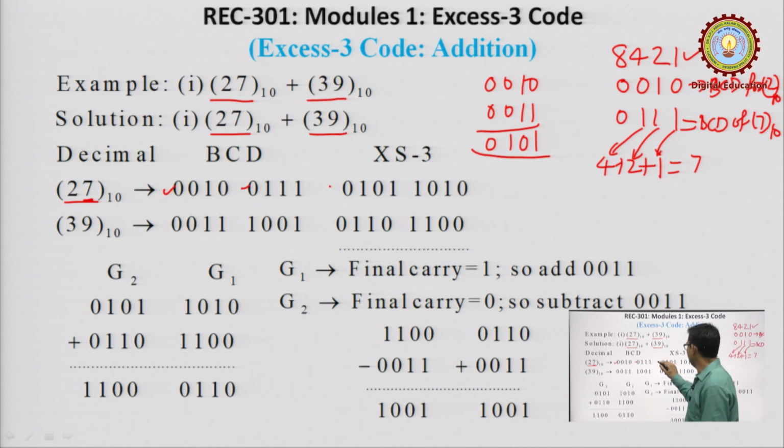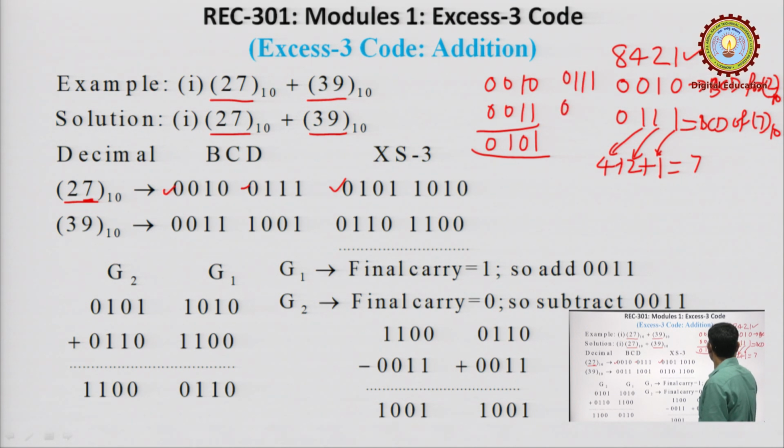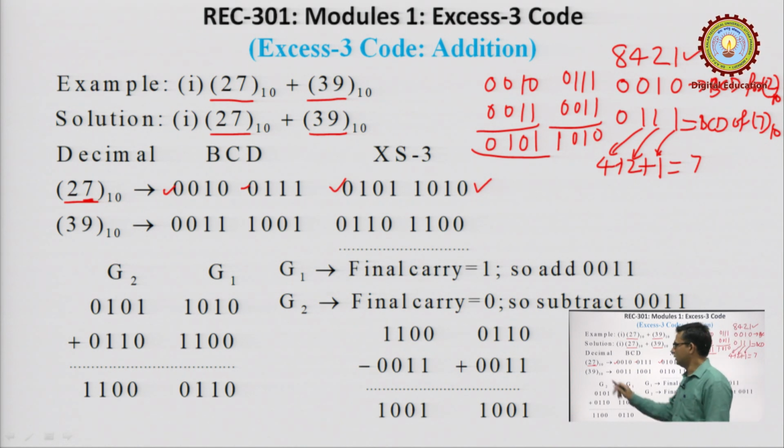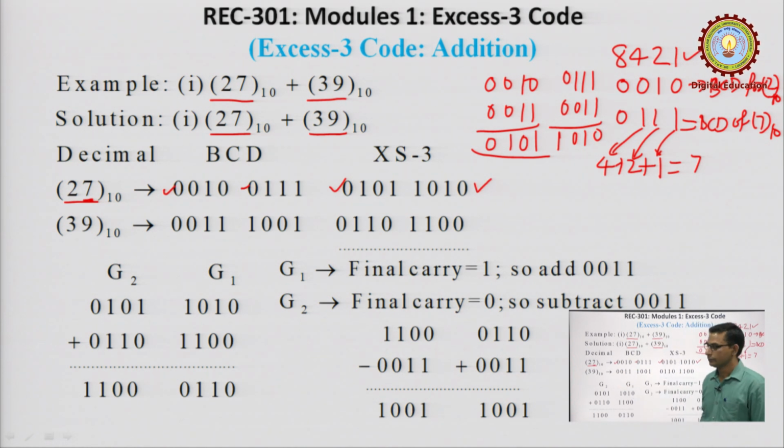That is why I write down the Excess-3 code of 2. And if we add 0111 and 0011, we will get 0101, and this is the Excess-3 code for 7.